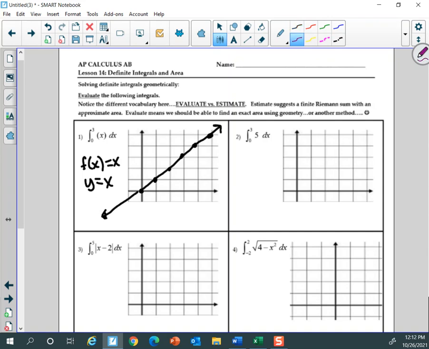I want to calculate the area under this curve, but above the x-axis. That's always an indicator, as a boundary is the x-axis. And we want to start at x equals 0 and go to x equals 3.